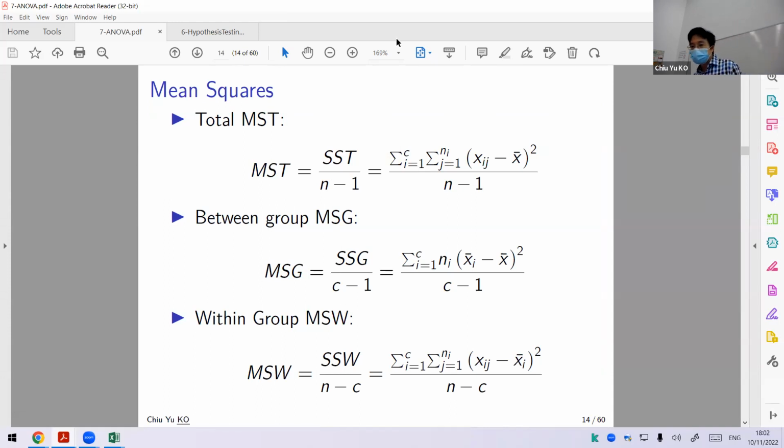Just to remind you that all these are bell curves. Of course, they are different variances, so this will have this over n, but anyway, everything is a bell.